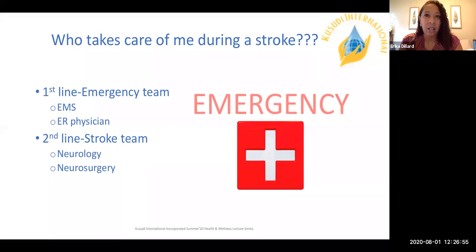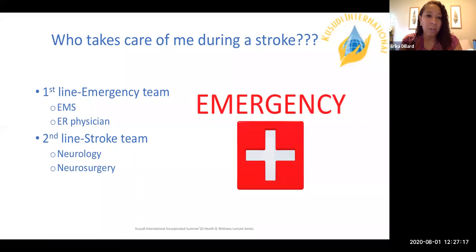The next thing to remember, or you may be asking yourself, is who is going to take care of me once I call for emergency, right? So the first line of help is going to be your emergency team. Once you make that 911 call, someone will come to you and they will pick you up in an ambulance, more than likely, to transport you to a higher level of care.